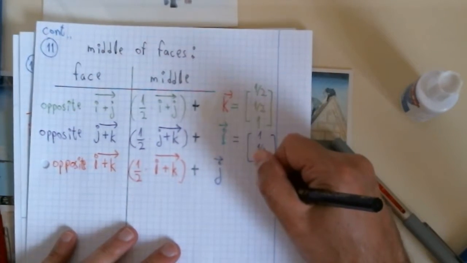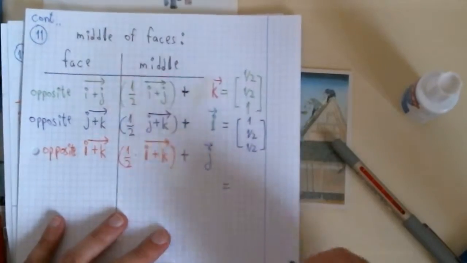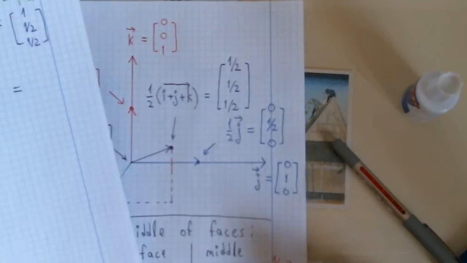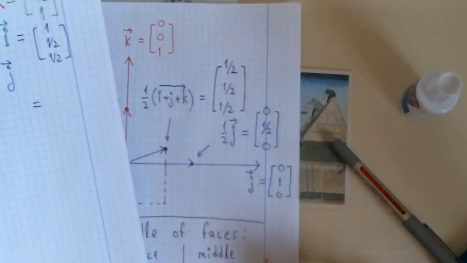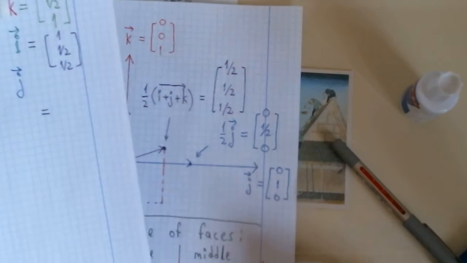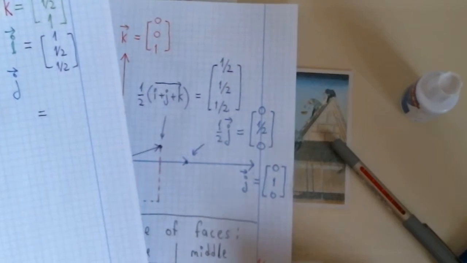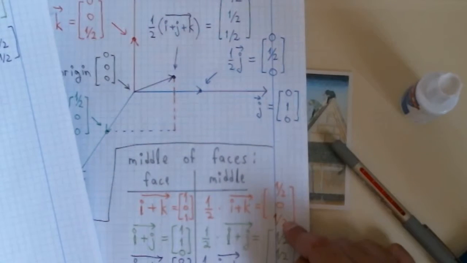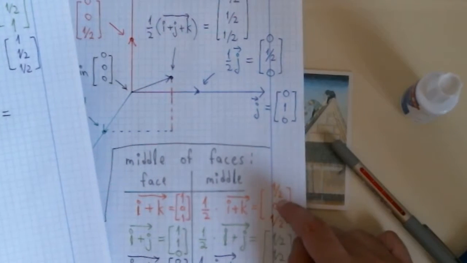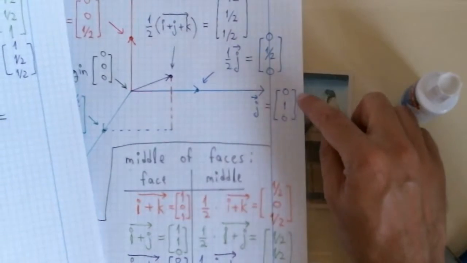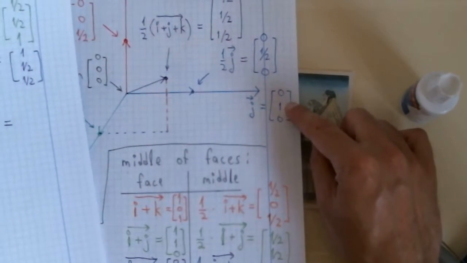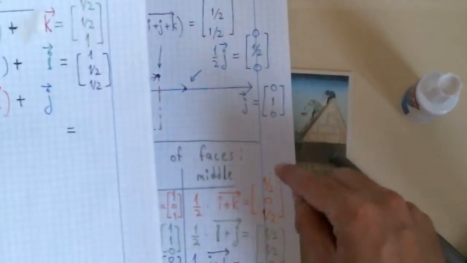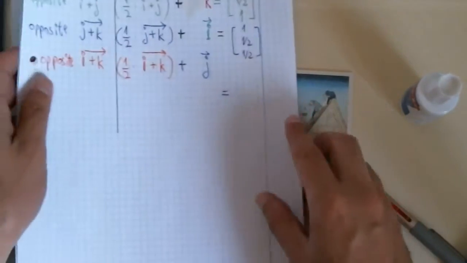I'm making it here because I don't have much room. This would be half and 1 and half, because i plus k was half and 0 and half, and now j is all the way to the right. It's 1 in the second component, so it gives us 1 here. So half and 1 and half.